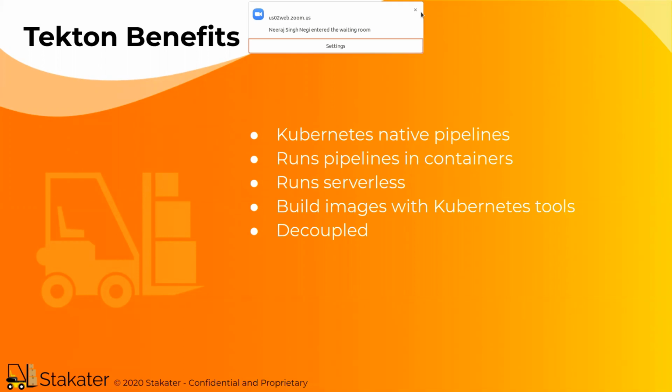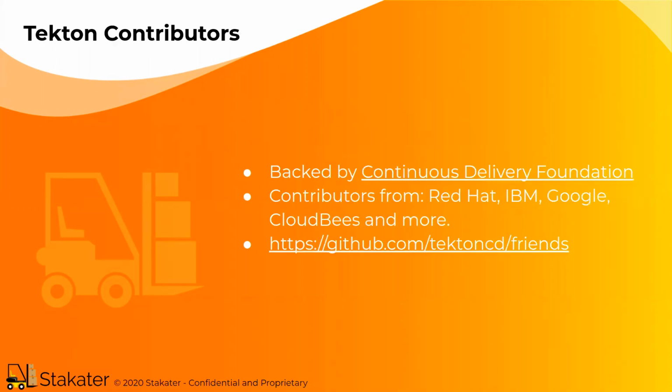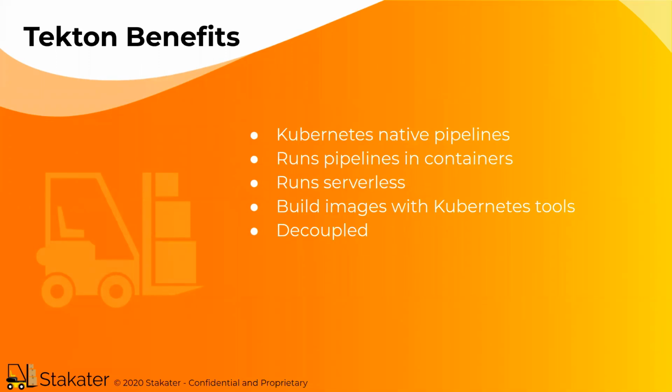As I said, you can use different components with different combinations. Like you can use the same task again and again with different pipelines with different parameters. So these are quite decoupled. It means that you don't have to rewrite each and everything again and again. So these are the advantages that Tekton brings to the table.